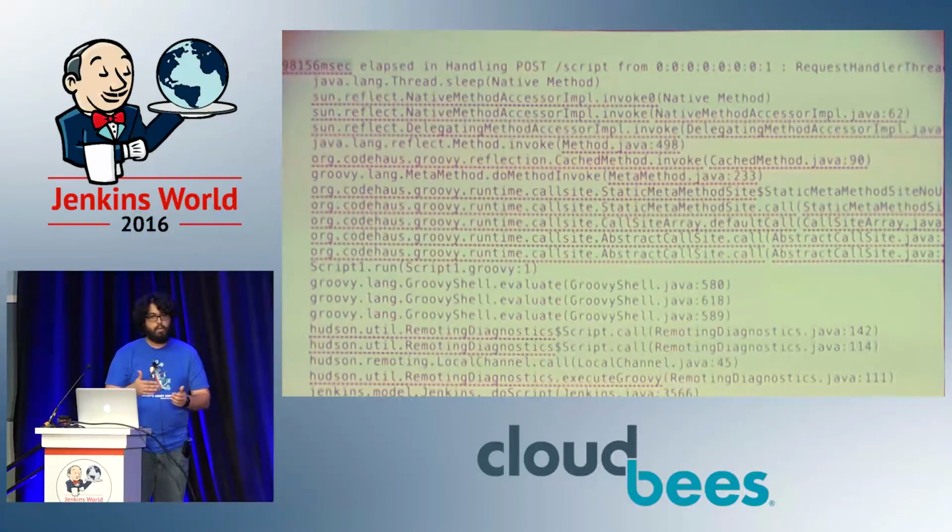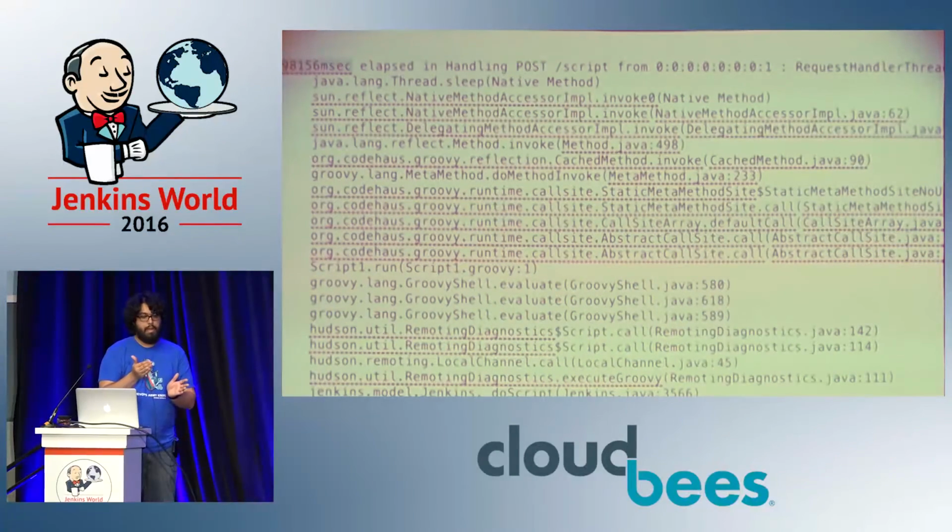It generates logs and saves those in the support core plugin, and it zips it up for you. So if something happened and you don't have access to the UI, you can always go on disk, grab that file, and see what the errors were.